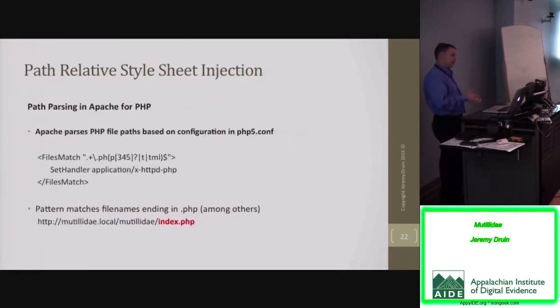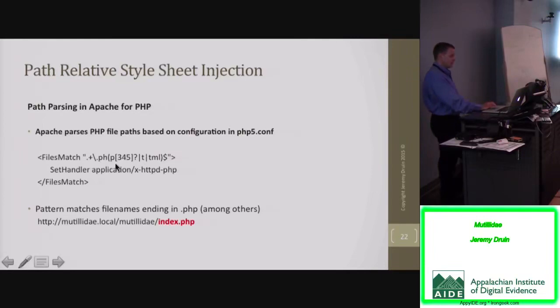Now if we compare that against how PHP will get the file that the browser asks for, it's a little bit different. So PHP has a configuration inside of Apache, and Apache uses this FilesMatch directive to figure out which processor should process the file.